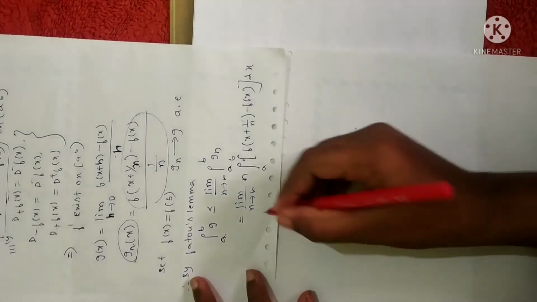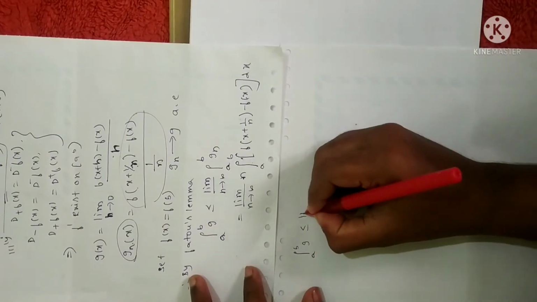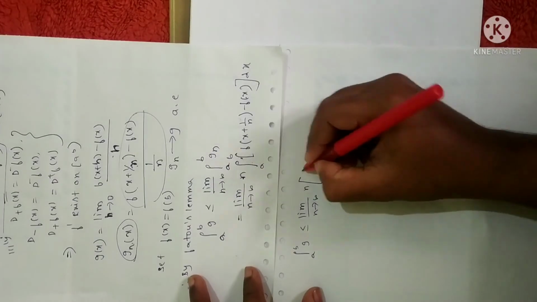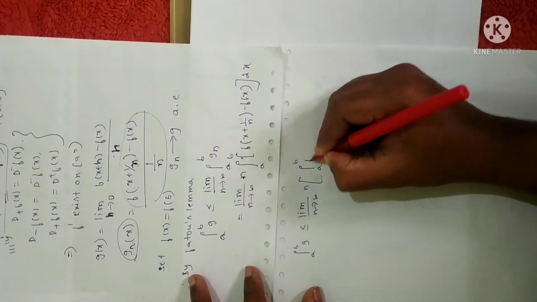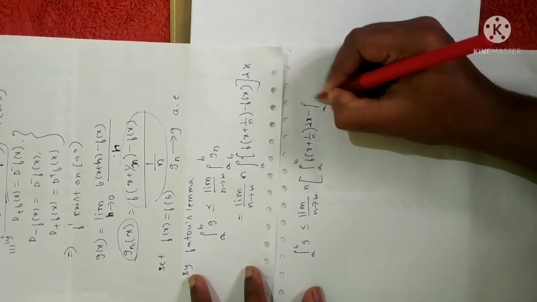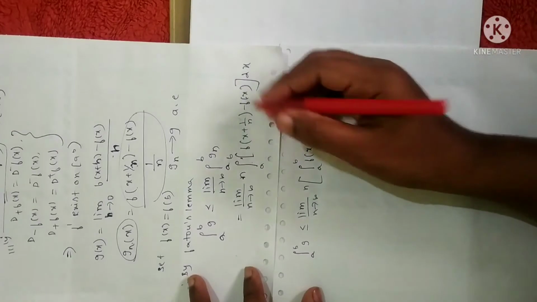I'll just continue here. What I'm going to do is split the integral sign. So I can write the limit infimum as n tends to infinity, n as it is. Now I'm going to split this integral term: the integral from a to b of f(x plus 1 by n) dx minus the integral from a to b of f(x) dx. I have split this integral for both the terms.